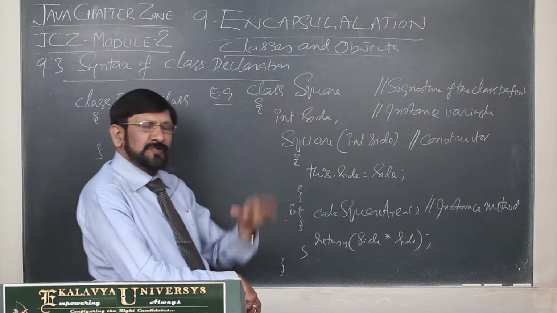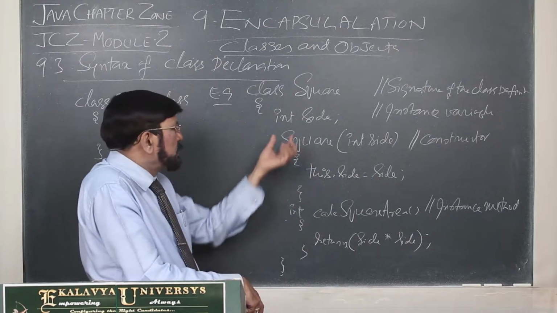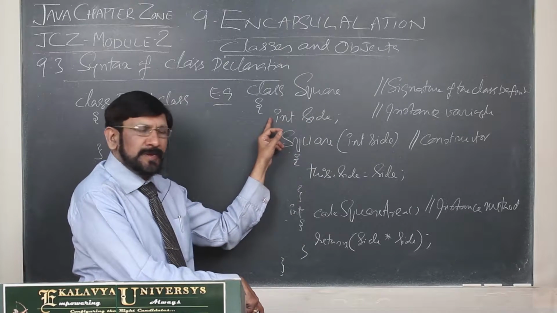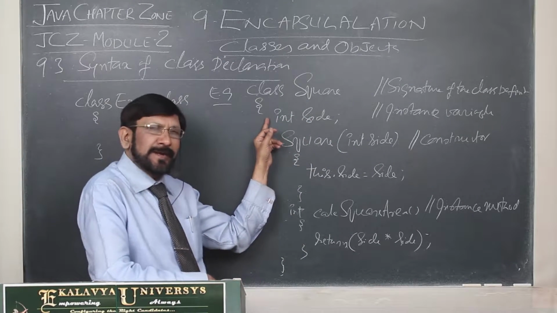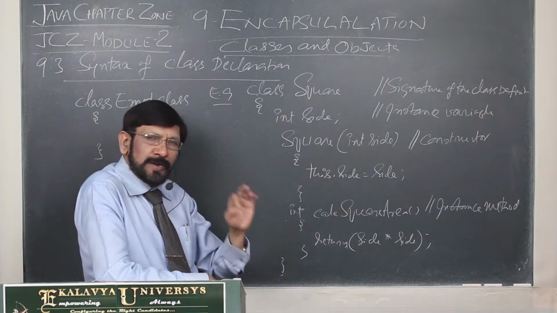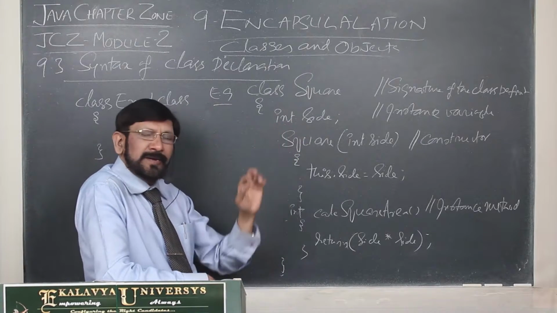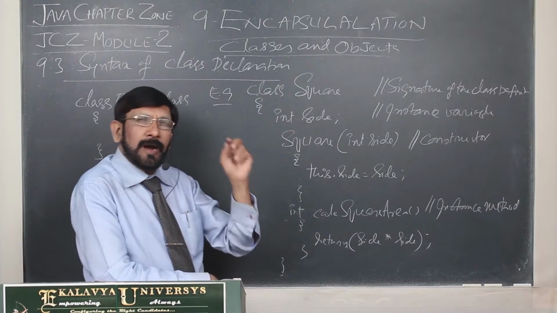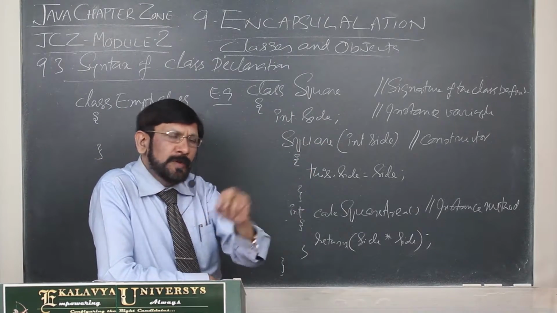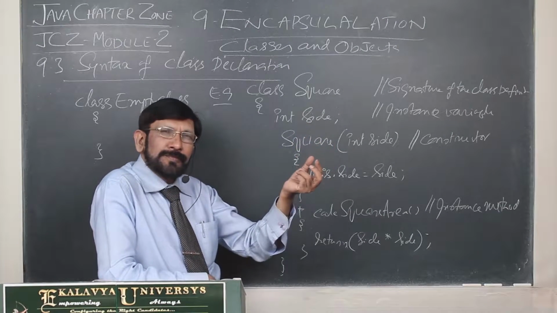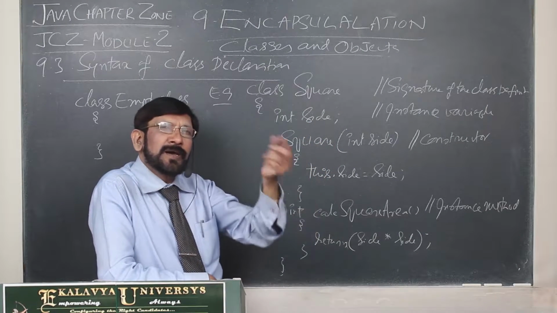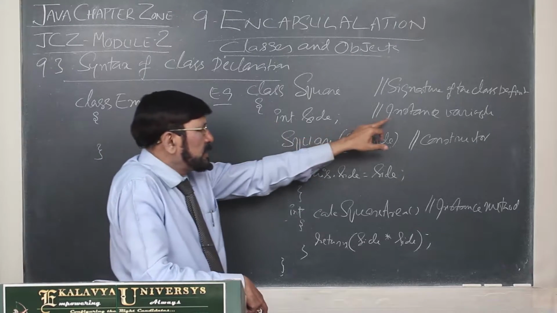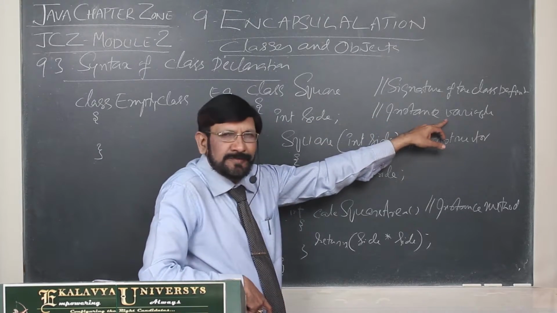Here, as far as Square is concerned, only one variable is there, that is int side. You didn't use any qualifier static. That's why you can earmark it as an instance variable. Instance variable means object oriented variable. This variable is used via the corresponding object, that we have to understand. So int side is a declaration of an instance variable.